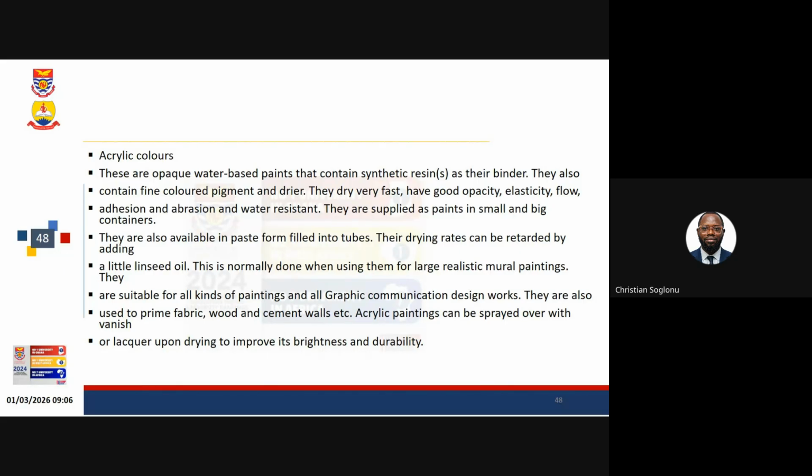Their drying rates can be retarded by adding a little linseed oil. This is normally done when using them in large, realistic mural paintings. And I think you know mural paintings. Mural, you know mural.